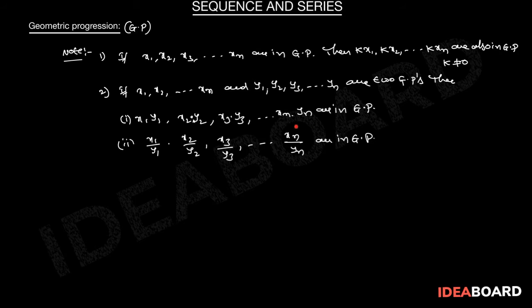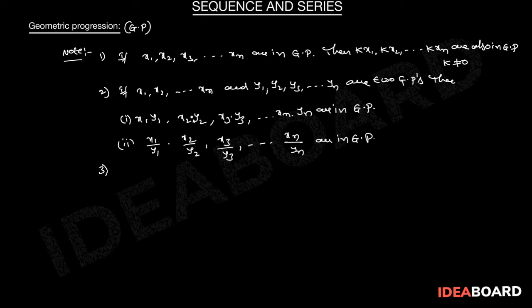In the first point, the ratio of consecutive terms is the same, so the sequence is in GP. In the second point also, the ratio of consecutive terms is the same, so because of that, this sequence is also in GP.